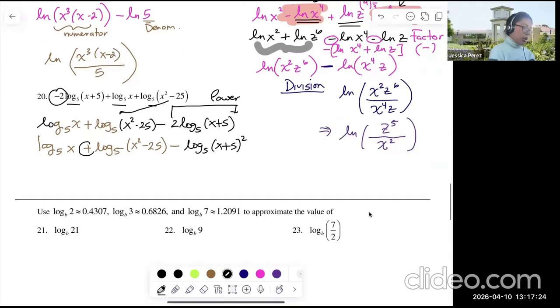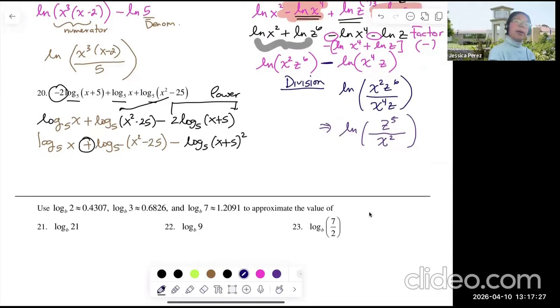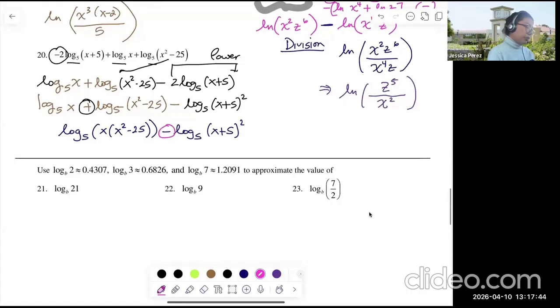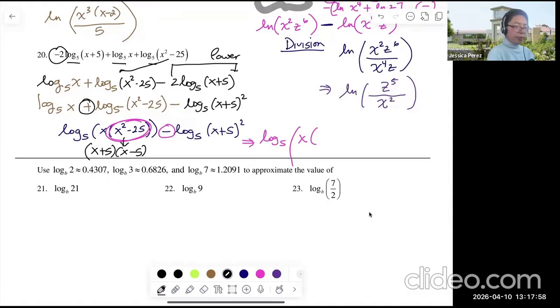Now, this is an addition between logs, so I'm going to unite them. It's log base 5 of x times x squared minus 25, minus log base 5 of x plus 5 squared. Now I have subtraction between logs, which means division. Remember that x squared minus 25 is x plus 5 times x minus 5, a difference of squares, so I'm going to apply that, all over x plus 5 squared.